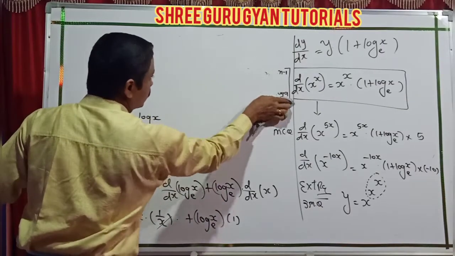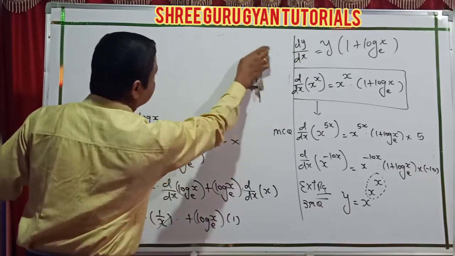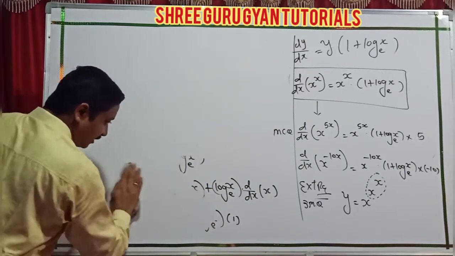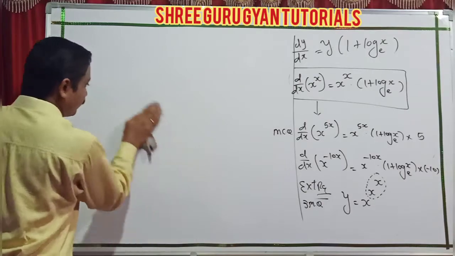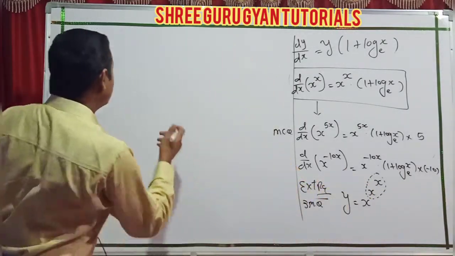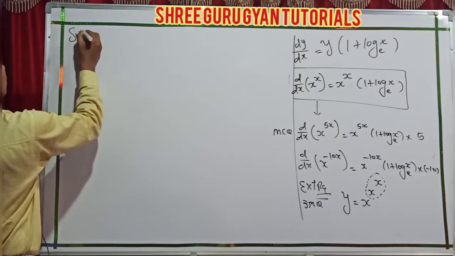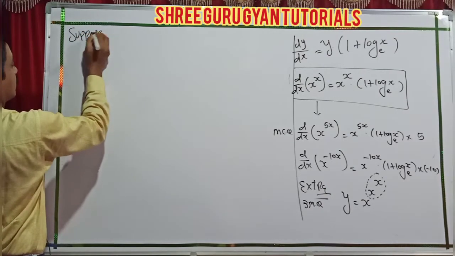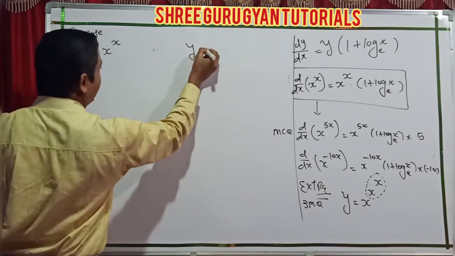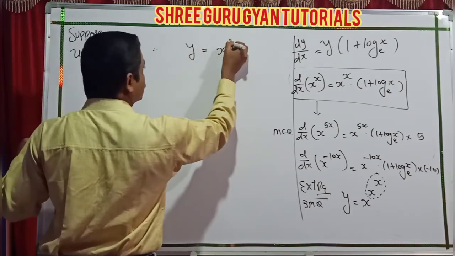First of all, I assume that x raised to x is one of the variables. Suppose u is equal to x raised to x, therefore what is your y? It is x raised to u.